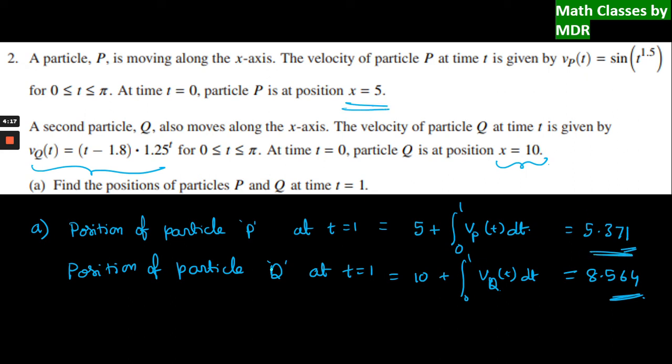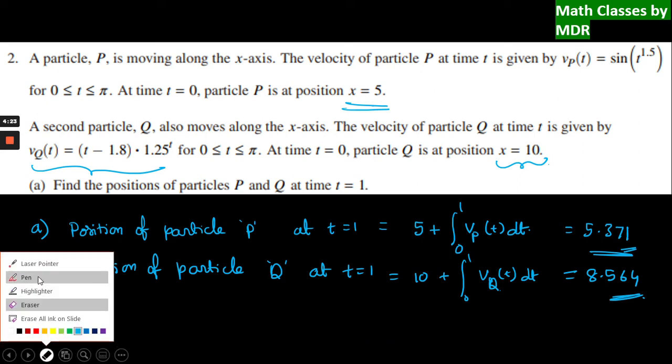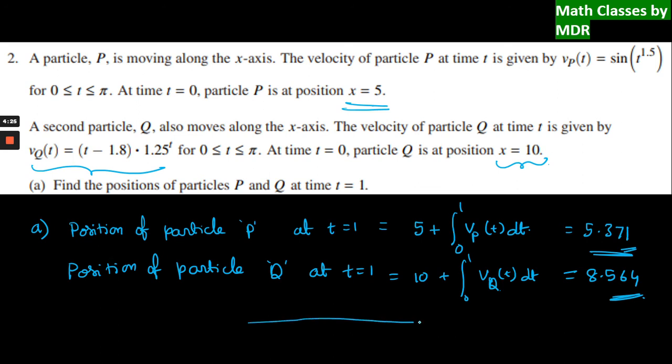That means on the x-axis it moves on the positive side. P moves from 5 to 5.371, and Q moves from 10 to 8.564. That means P is moving rightwards and Q is moving leftwards.